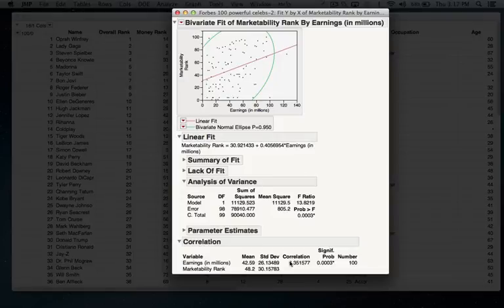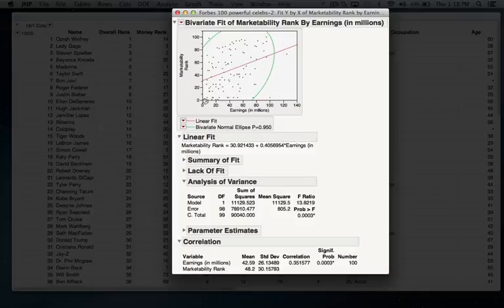But if you take a quick note at marketability rank, it goes from 0 to 100, 1 being the highest and 100 being the lowest. So if you take a look, as earnings in millions increases, so does marketability rank. But as you increase marketability rank, that is not necessarily a good thing. The higher marketability ranks are the lower numbers, and the lower marketability ranks are the higher numbers.